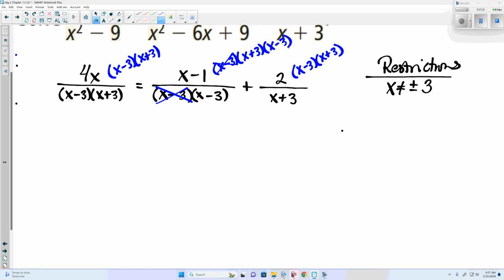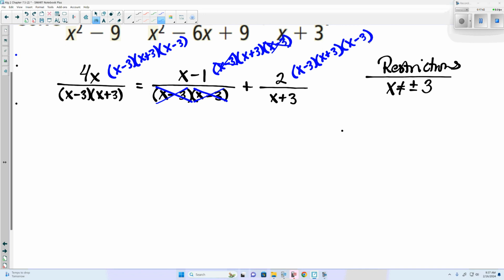Because since it showed up twice, we need it twice. This is the first time we've had an expression show up twice in a single denominator. So it means x minus 3 has to show up twice in all of them.